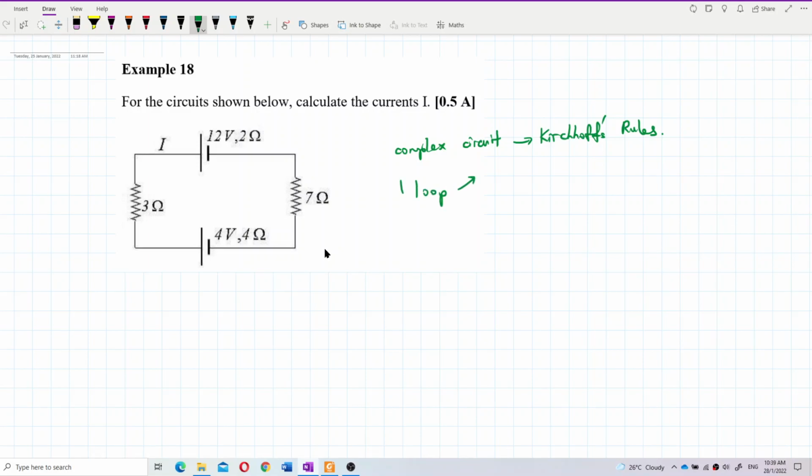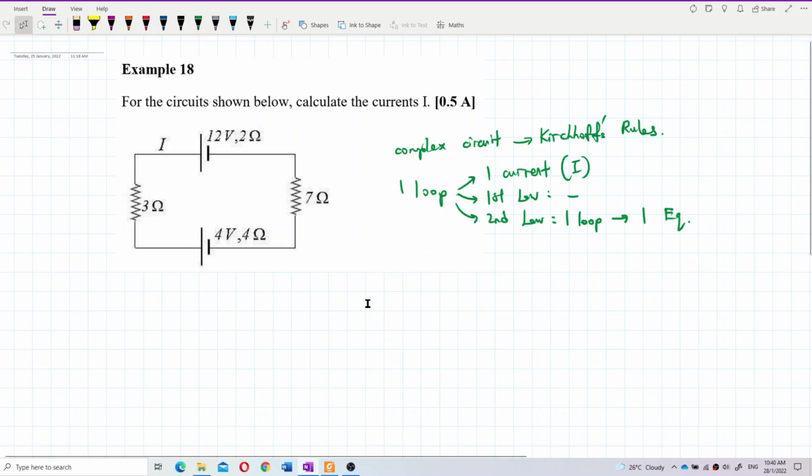One loop has only one current, so it is I. For the first law, there are no equations, but for the second law, since it's only one loop, it only has one equation.